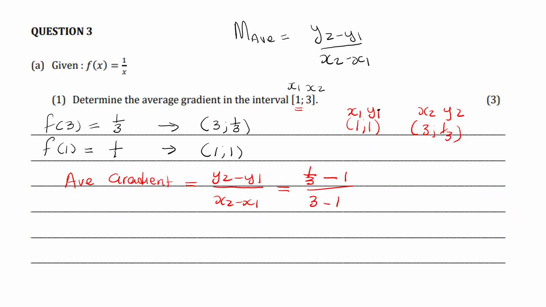If you work on this, the top part will give you minus 2 over 3, everything divided by 2. We can multiply by the reciprocal, and this gives us the final answer as negative 1 over 3.